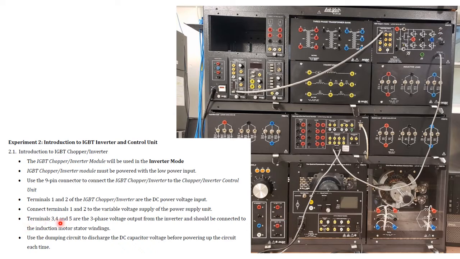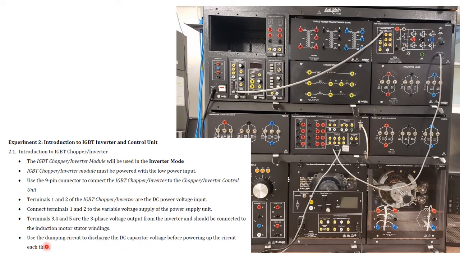So this is for experiment 3. Terminals 3, 4, and 5 are the three-phase voltage, and for experiment 3, you should connect them to this 1, 2, and 3 of a stator, but not for this one.